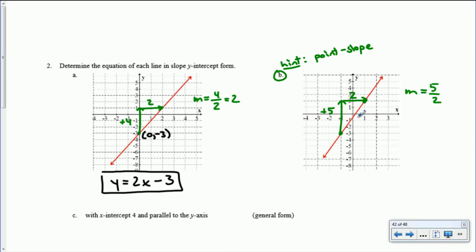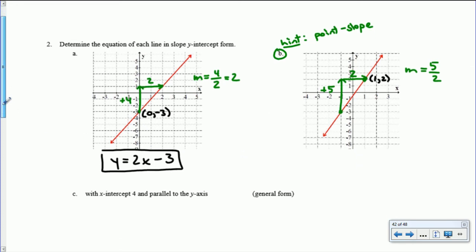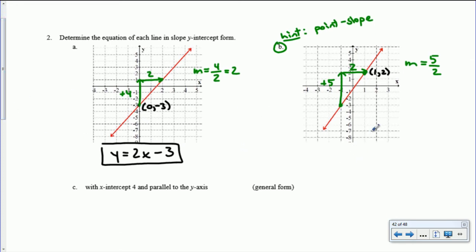And it looks like the y-intercept is about negative half, but I guess we can't be too certain. I know it looks for sure like it passes through 1 comma 2, so I'm going to use that point to figure out for sure if this y-intercept is negative 1/2.